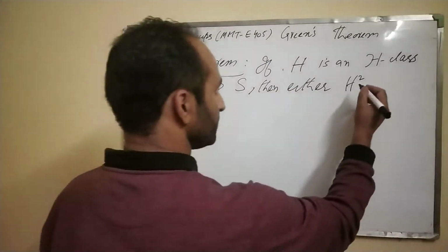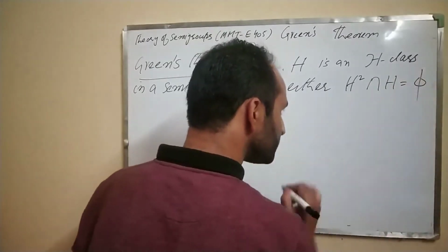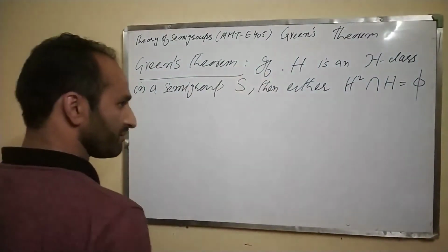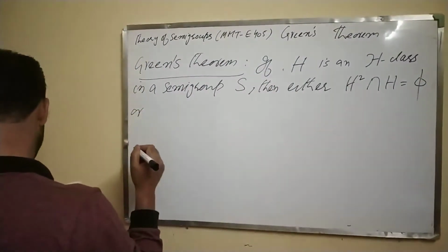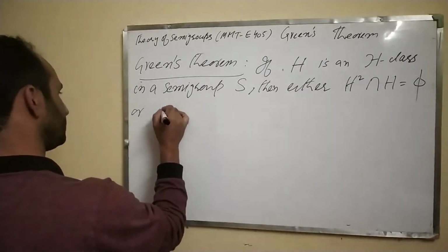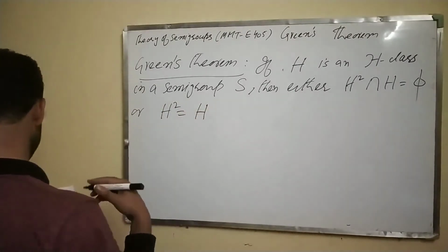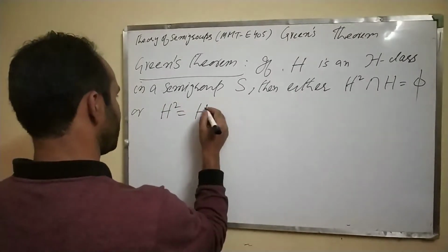Then either H square intersection H is the empty set, or if it is not empty, then H square is equal to H, and H is a subgroup.